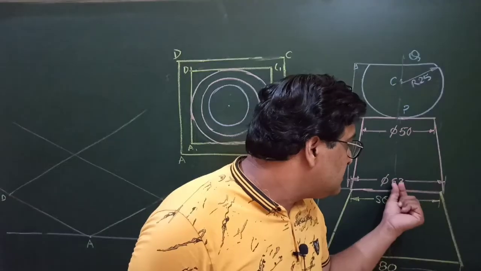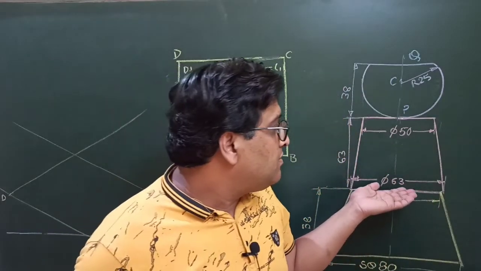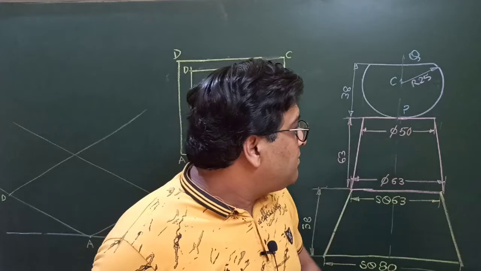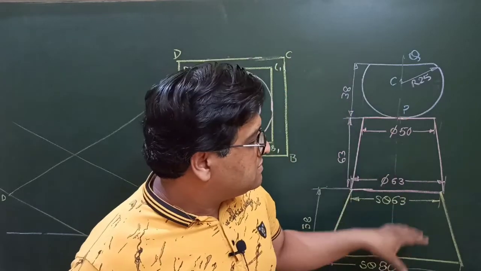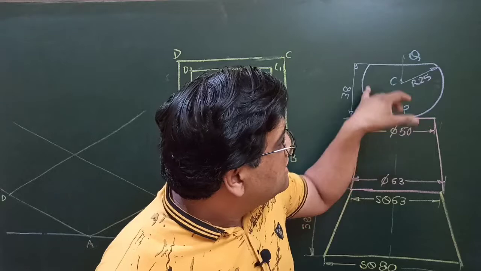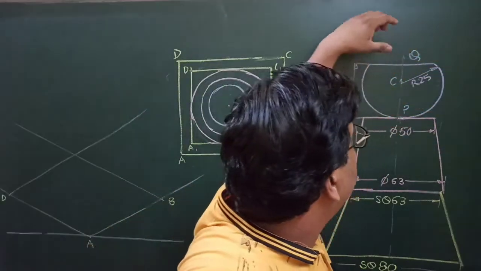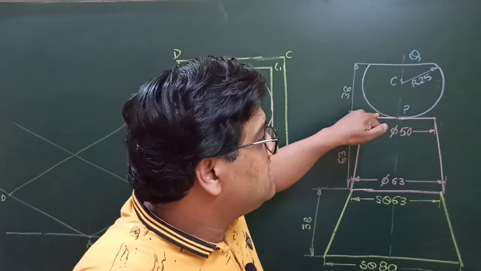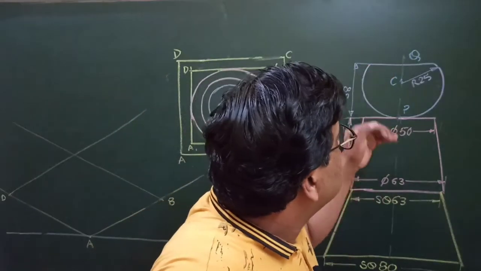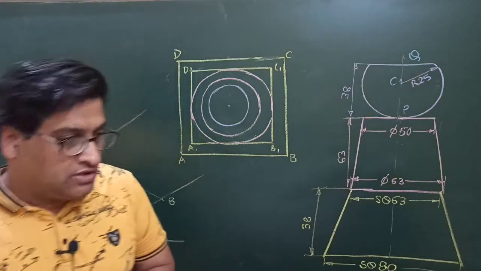So phi 63 is the lower diameter, and the upper part has a diameter of 50 mm. On that frustum there is a part of the sphere which has been cut at a height of 38 mm from the top face of this frustum of the cone. So this we have to draw in isometric projection.